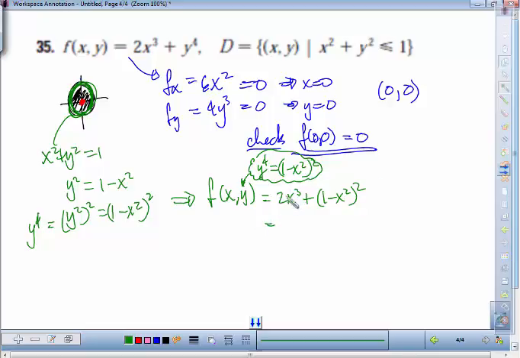And so I'm going to FOIL it out so I can take the derivative easier. And then I'm going to call this g of x. Say that it's just a new function of one variable x. So I got 2x cubed plus 1 minus 2x squared plus x to the fourth.